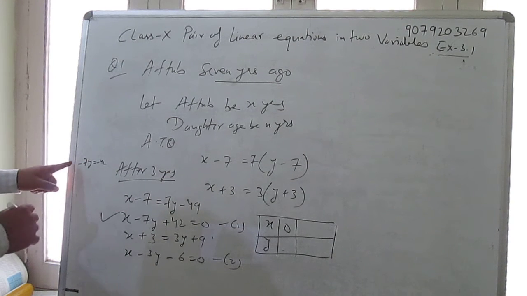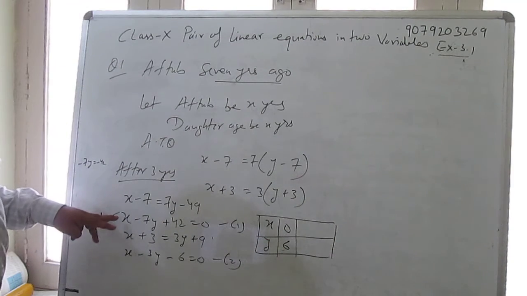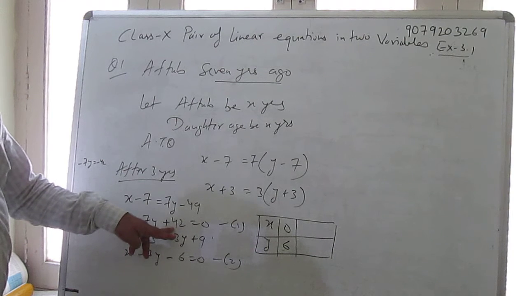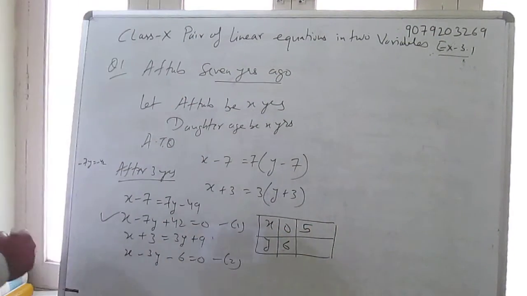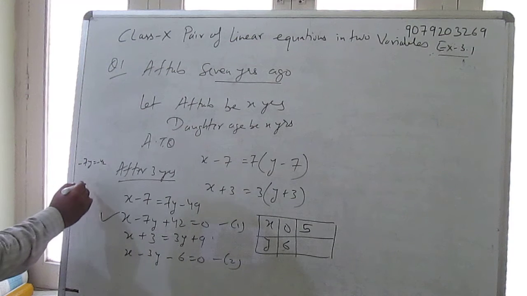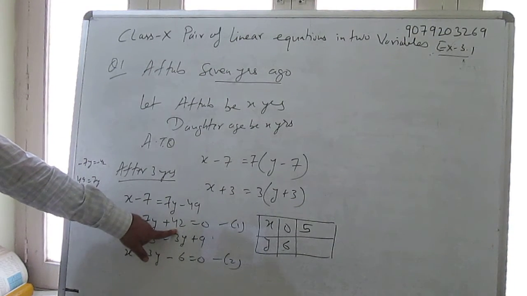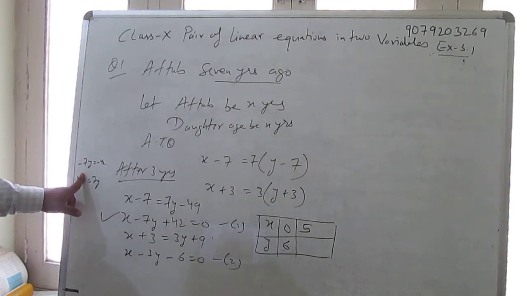Take 42 to the other side, y becomes 6. Substitute again: if we substitute x 0 and y 6, minus 42 plus 42 is 0. Left hand side is equal to right hand side. Now take any other point. If I take x is equal to 5, then 49 is equal to 7y, 5 plus 42, it becomes 47.